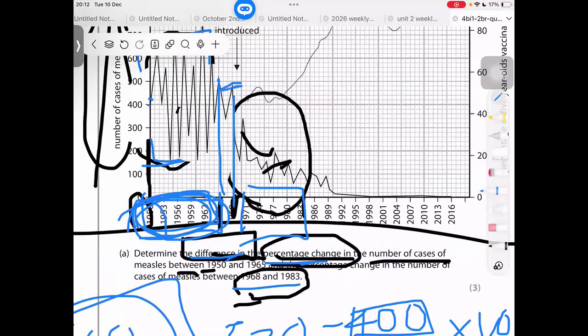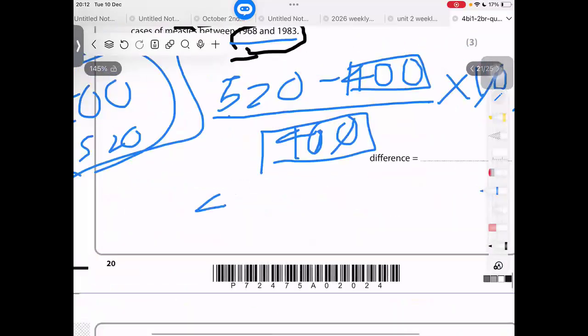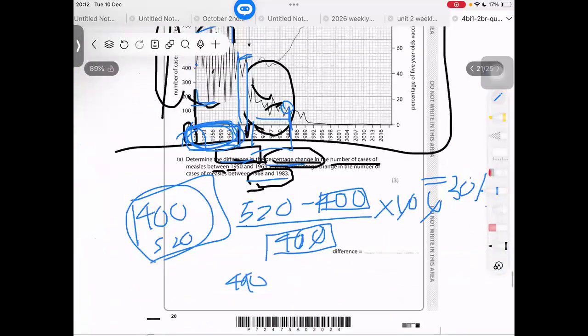I'll take it as 490. And in 1983, it's around 120. The range is 120 to 130, and the other range is 480 to 490. If you have given any value between those values, then you are correct.